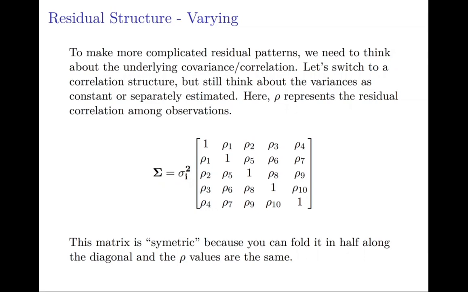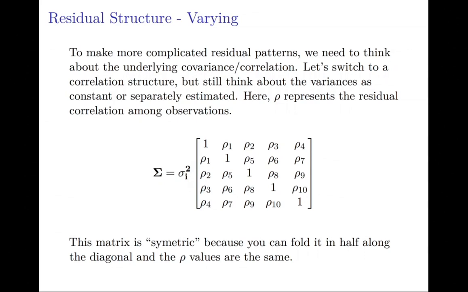That will be multiplied by all values within the matrix, and we could specify those all equally or separately. Here our Greek letter rho represents the residual correlation among observations. When we look at the diagonal, we're always going to have ones there because the correlation of any value with itself is always going to be 1. So your diagonal will always be 1.